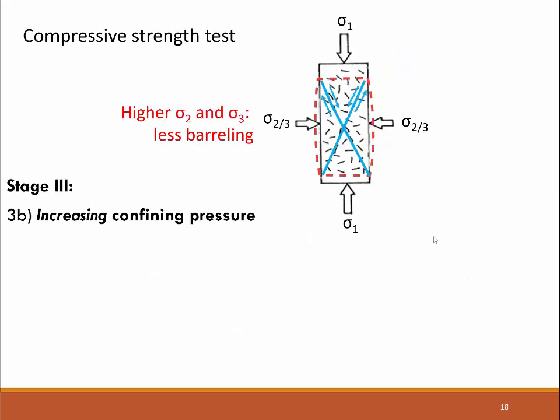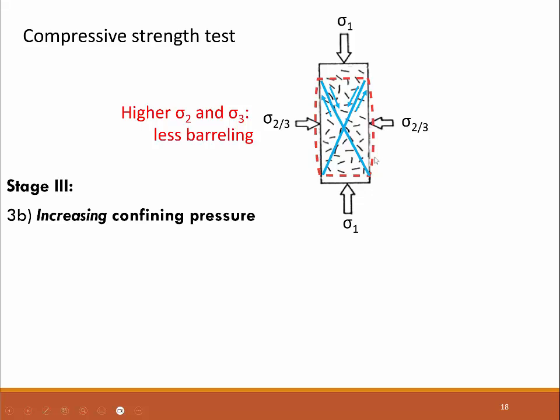Now, if we imagine that the confining stress increases, that means the magnitude of sigma 2 and sigma 3 pressing against the rock specimen from the sides here becomes higher. Then the barreling, the lateral elastic extension, will be counteracted.